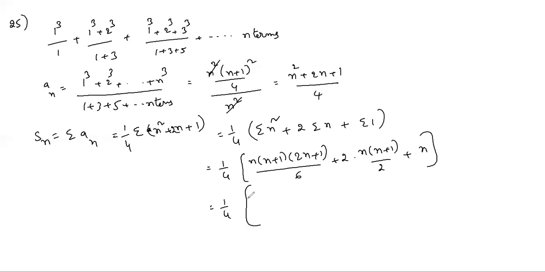We can take n outside as common, with LCM 6, by multiplying.